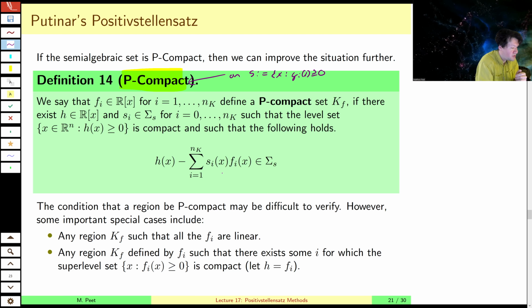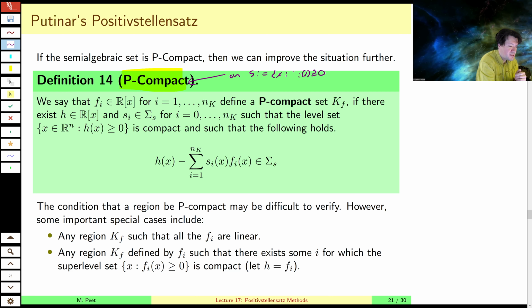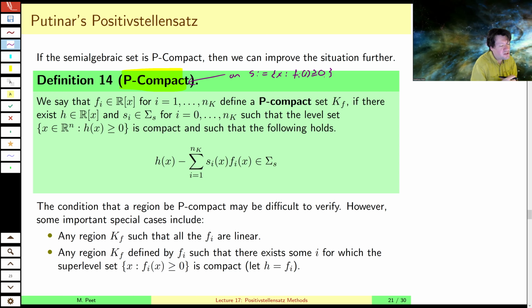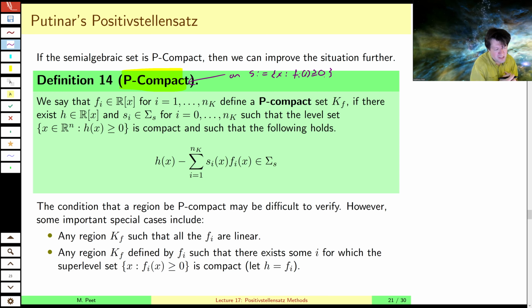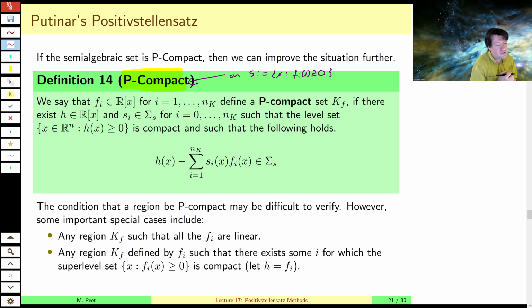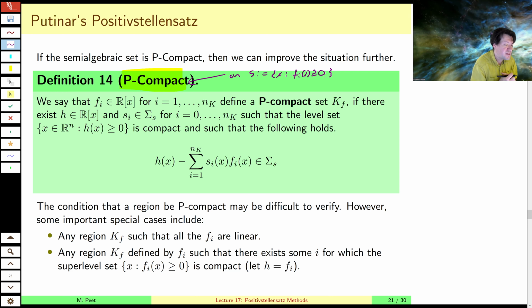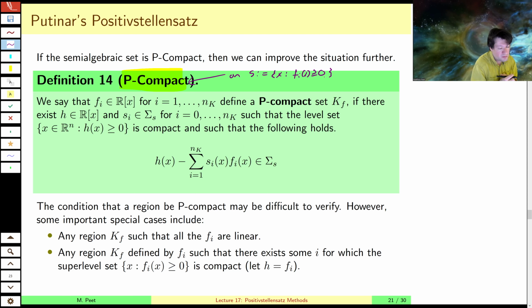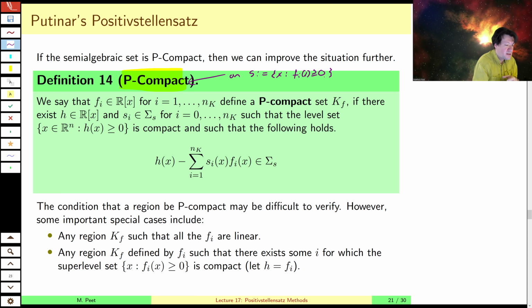It's a constraint on the set, but it's actually not a constraint on the set of points. It's actually a constraint on the representation of the set itself. And remember, we talked about how the representation of the set, and not the set, is actually important for the results that we're getting at this point. So there's a constraint on the fi.